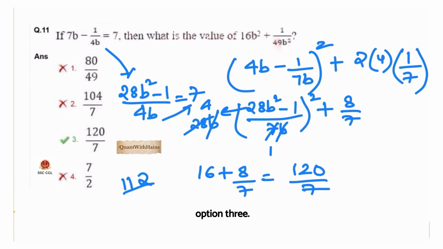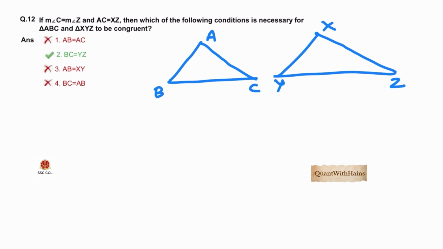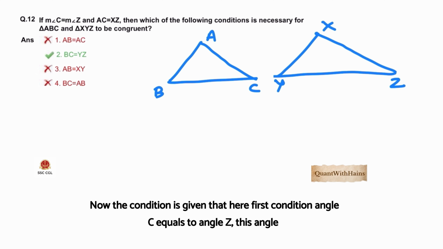That is option 3. 12th question, it is a geometry question. It is given that two triangles ABC and XYZ are congruent triangles. Now the conditions are given; the first condition is angle C equals angle Z.